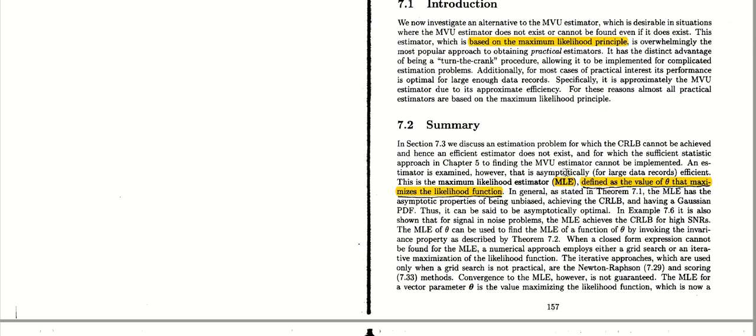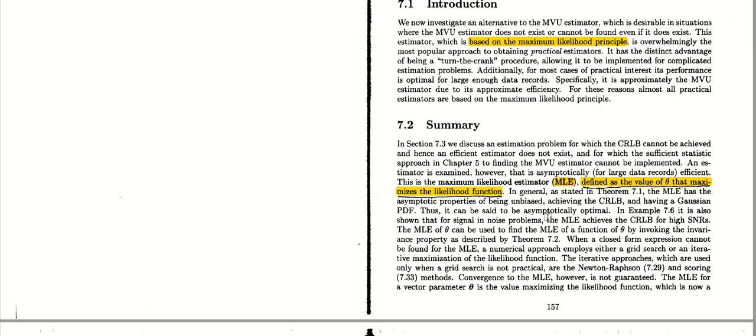You have many possibilities of thinking of the theta. Okay, and MLE is the one that maximizes the likelihood. The value of theta that maximizes the likelihood.